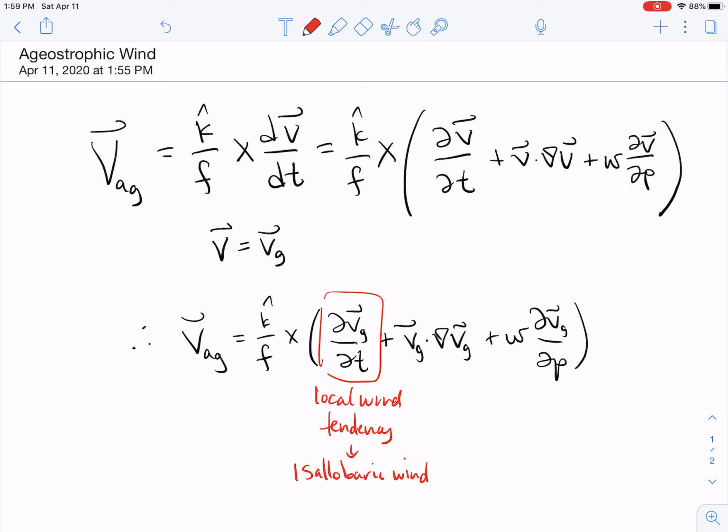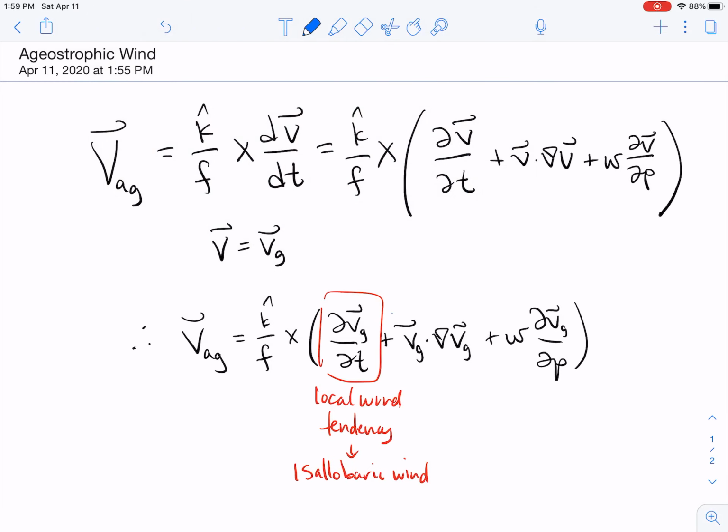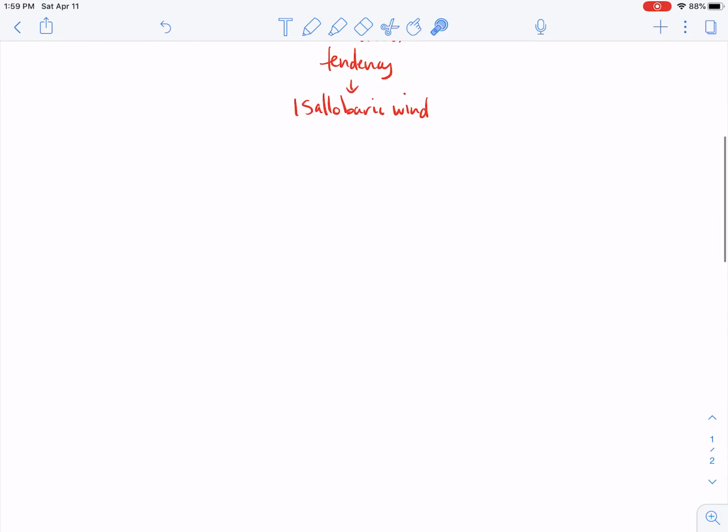And then we are also going to look at our second term here, which is going to allow us to look at the inertial advective wind. And then we're not going to do anything with this third term, but it is a convective term that is part of our ageostrophic wind. And so let's go ahead and start with this concept of the isobaric wind.